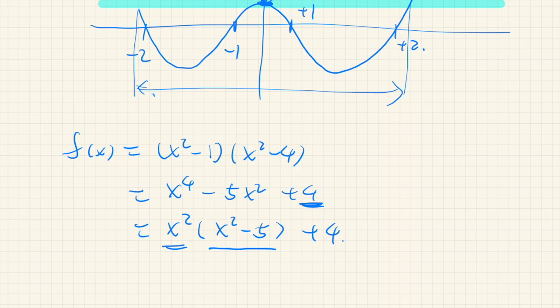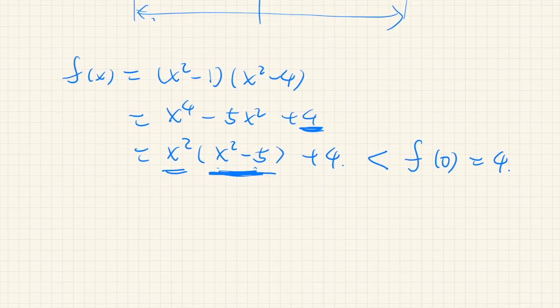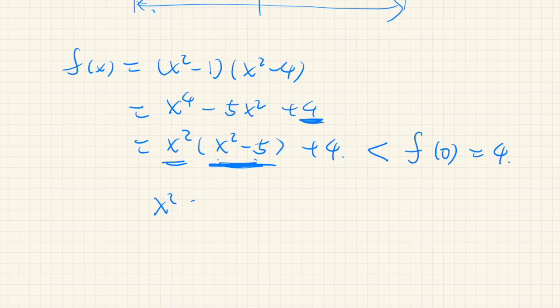We want to show that this is strictly less than f of 0, which is 4. So this is negative if x squared is less than 5, which means x is between negative square root of 5 and square root of 5.